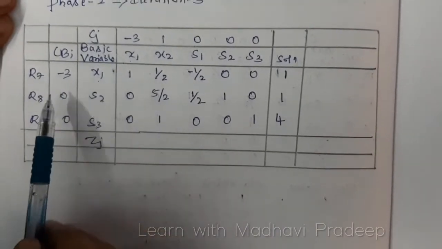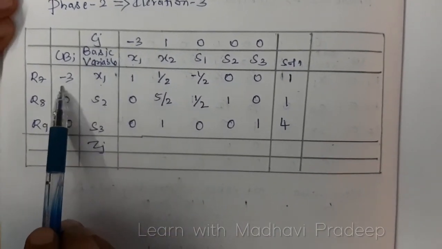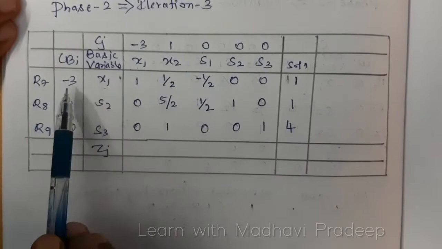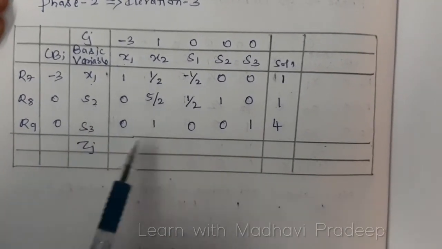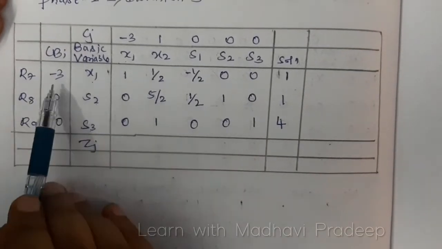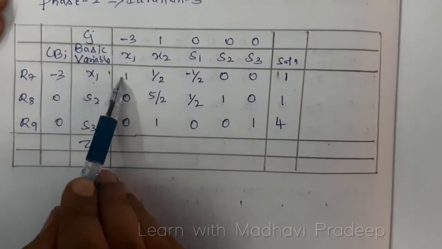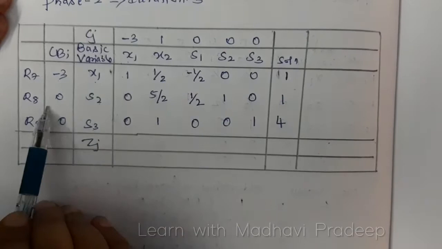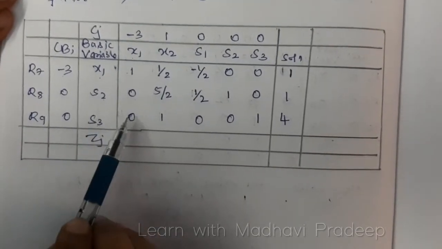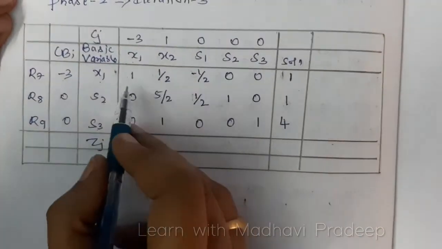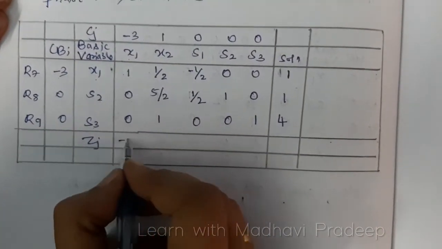Now let us find the Zj value. Multiply the coefficient basic value of this variable, that is minus 3, 0, 0, with each column and write down the Zj value. That is minus 3 into 1, that is minus 3, plus 0 into 0 is 0, plus 0 into 0 is 0. So you get minus 3 plus 0 plus 0, that is equal to minus 3.